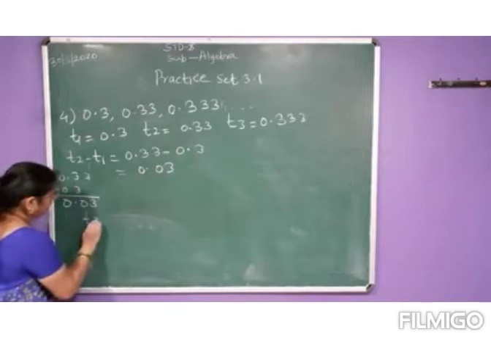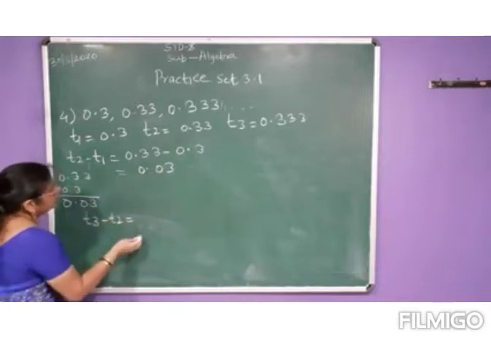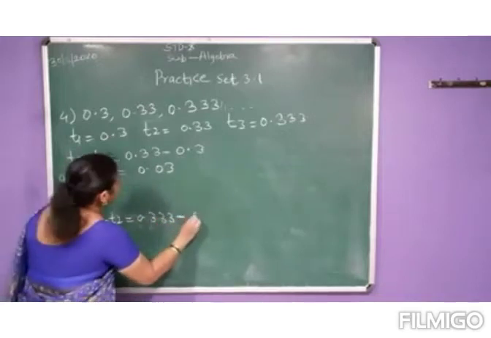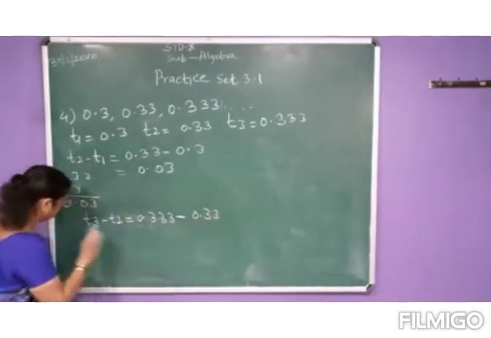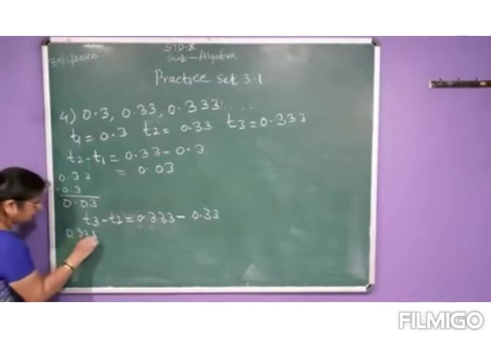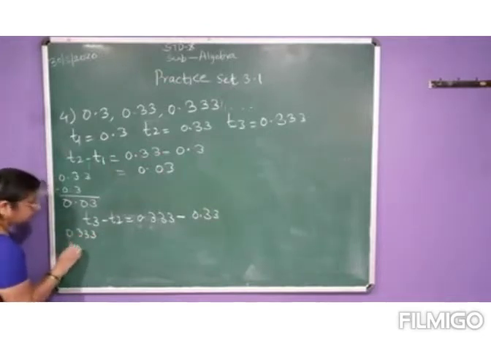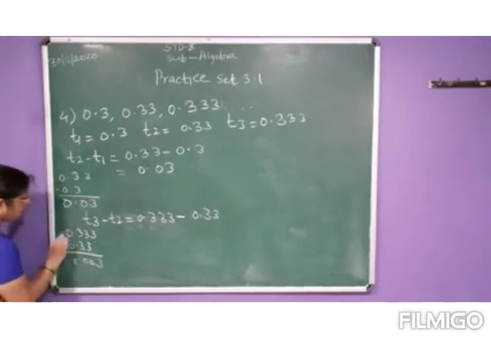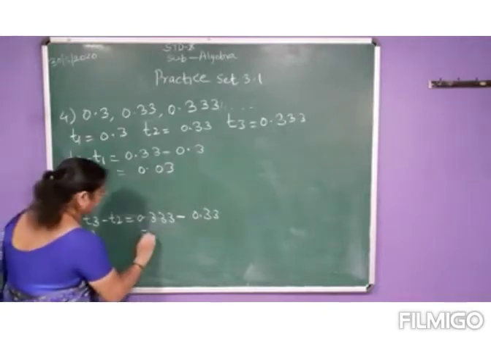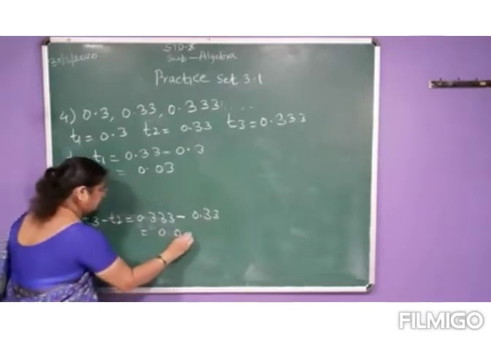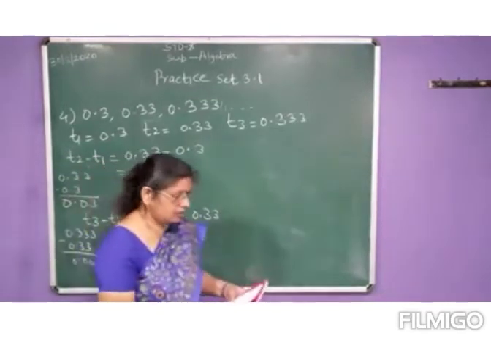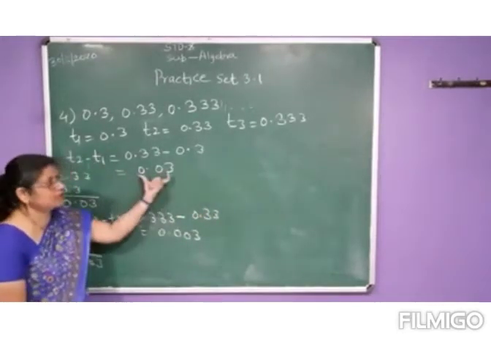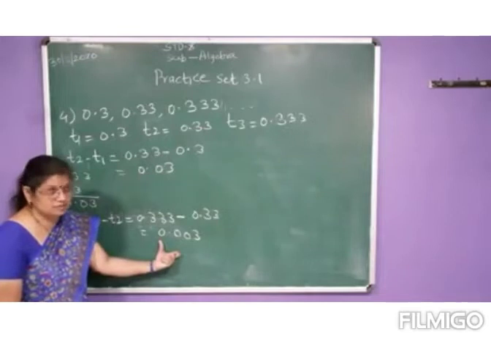Now we will find out T3 minus T2. Now again, T3 is 0.333 minus 0.33. This also you can do here. This you are subtracting, okay? So what answer you got here? 0.003. Now here, what have you observed? The common difference between the two consecutive terms is not constant.